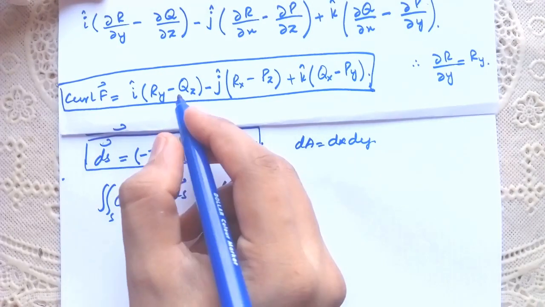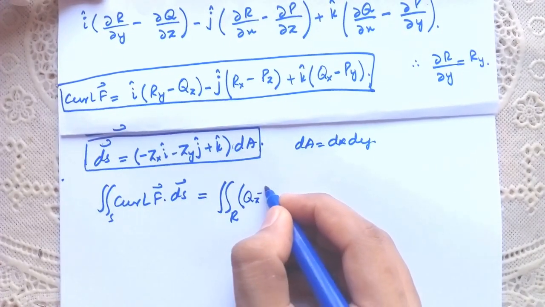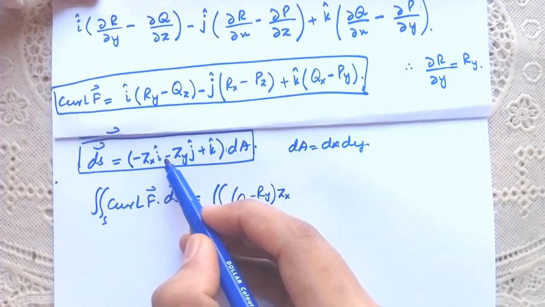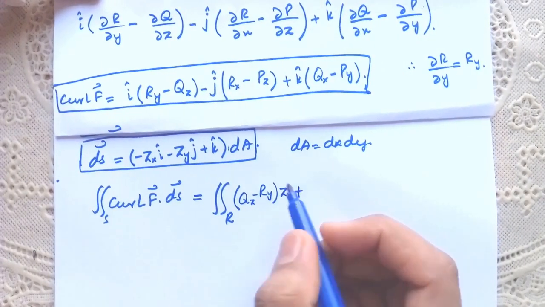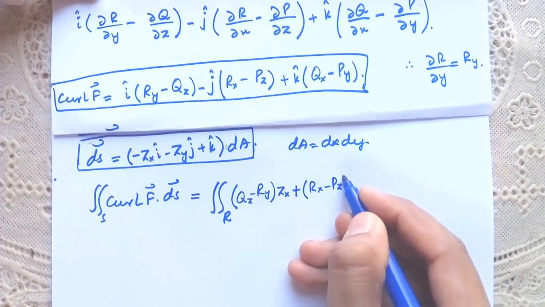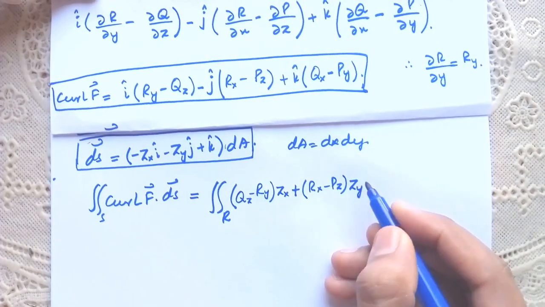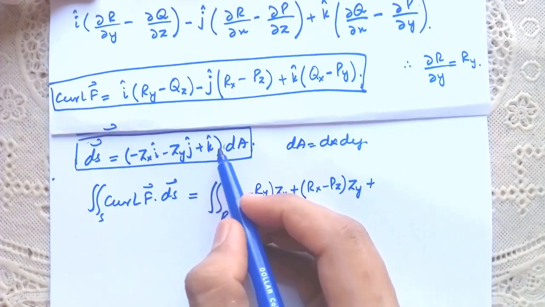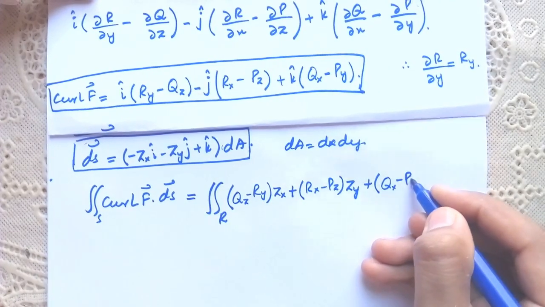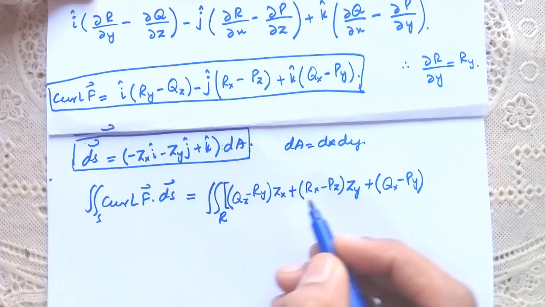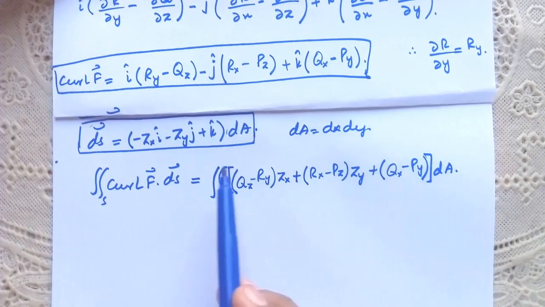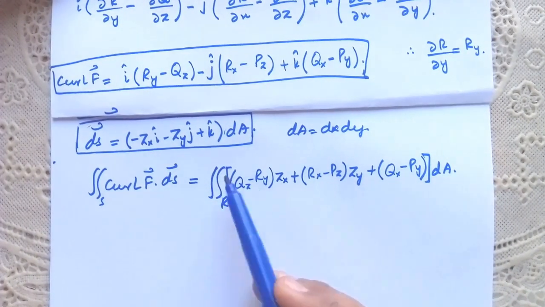So it becomes (q_z minus r_y) z_x, and now minus into minus is equal to plus, (r_x minus p_z) z_y, right, plus 1 times (q_x minus p_y), and the whole expression multiplied by dA, right? So this was the right hand side, which is equal to the double integral over the region R.